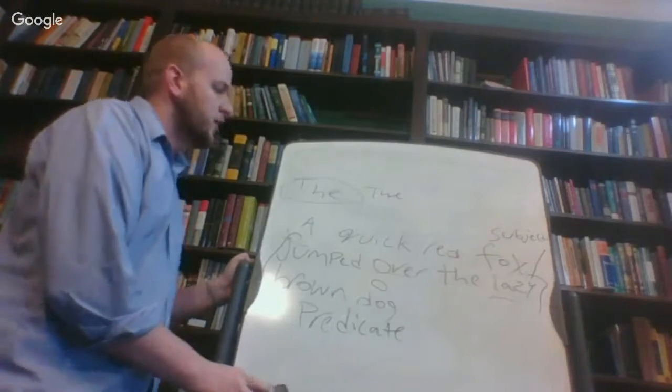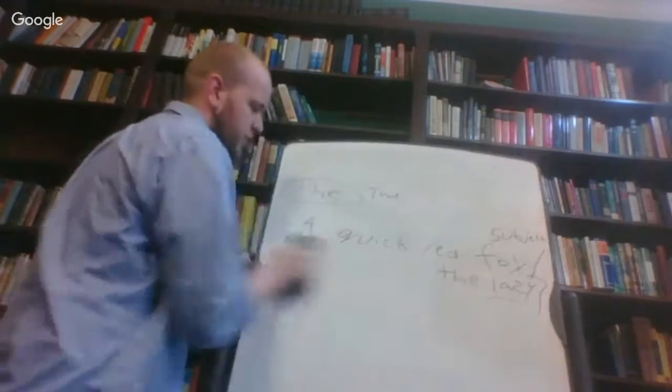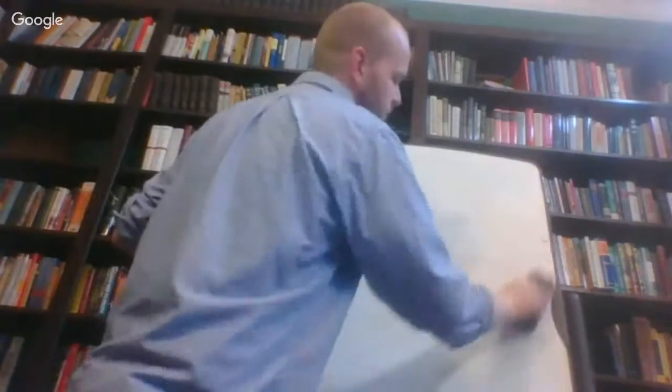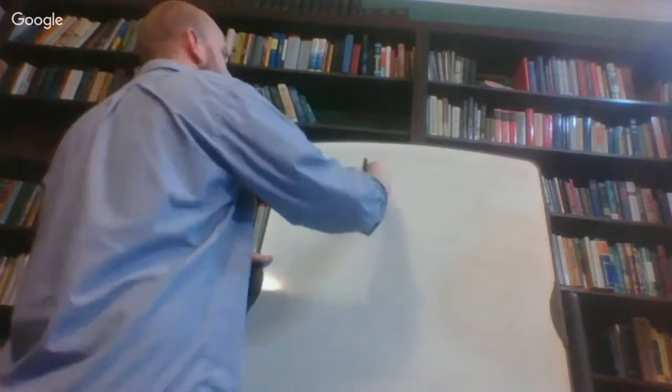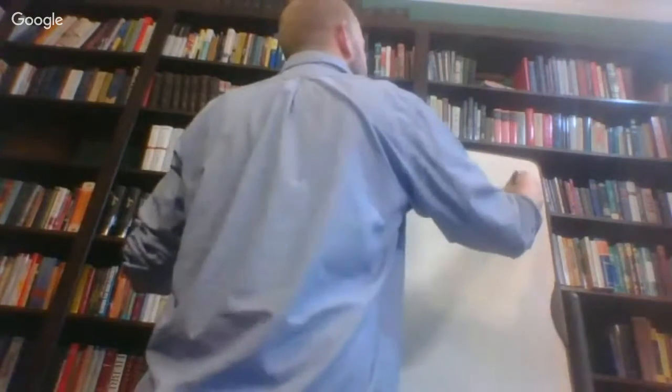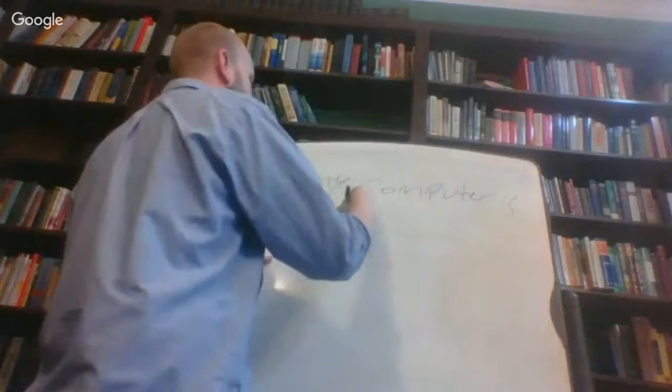A little bit? Yeah, so the possessive case, let me just get rid of this here. The English possessive case is going to be a little bit different, but you guys should be very familiar with how it works. So if I were to say, my computer is broken.